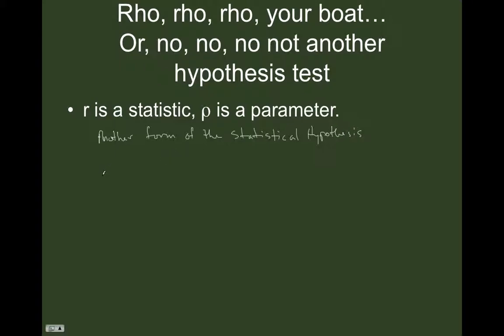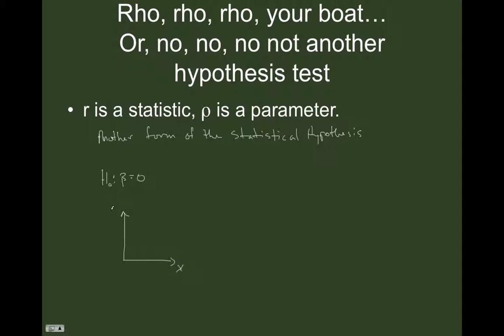So when I was describing the null earlier, I talked about the slope of the regression line, and beta is the population slope. And remember that assumption of no linear relationship, when we talked about that scatter plot, that was the shotgun scatter plot.